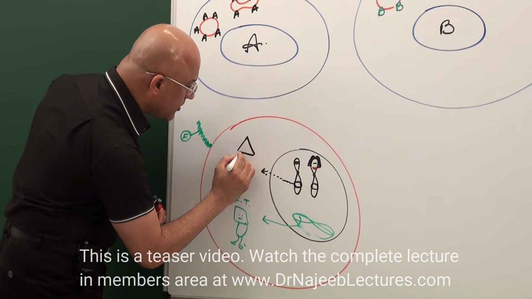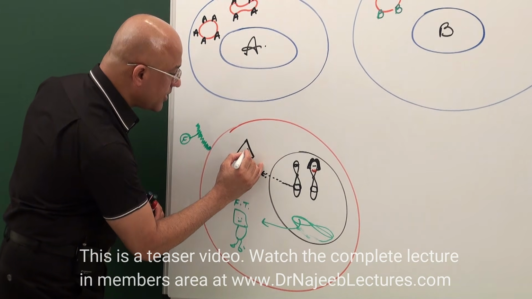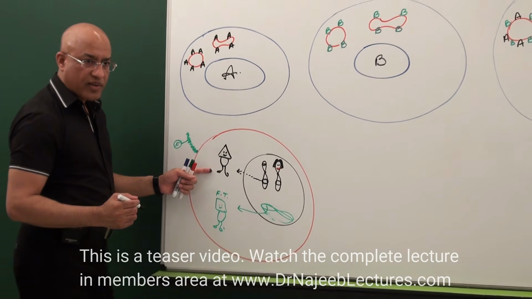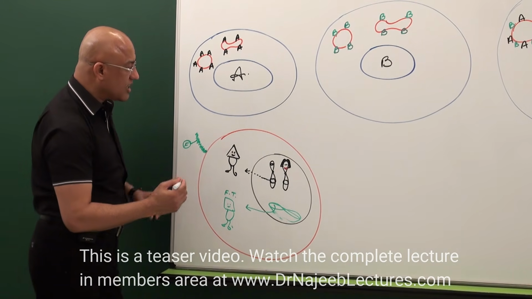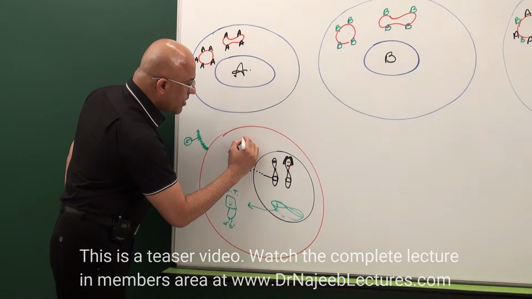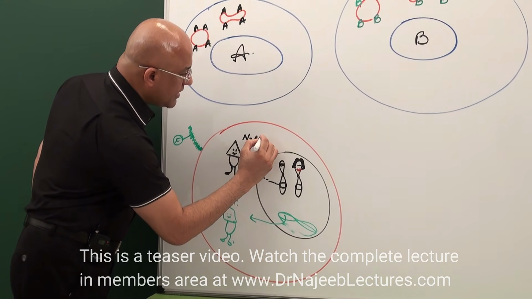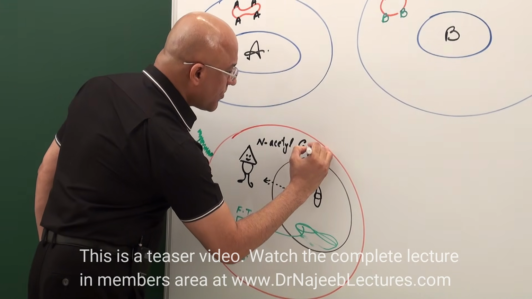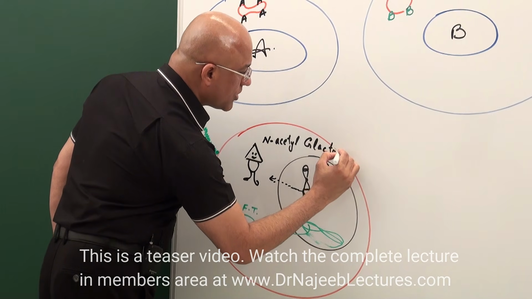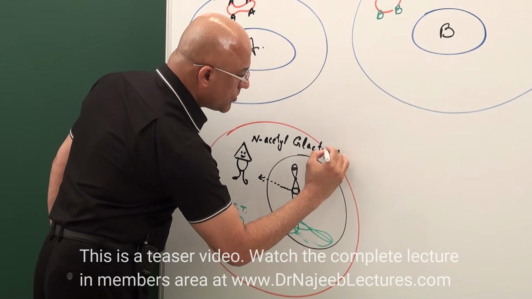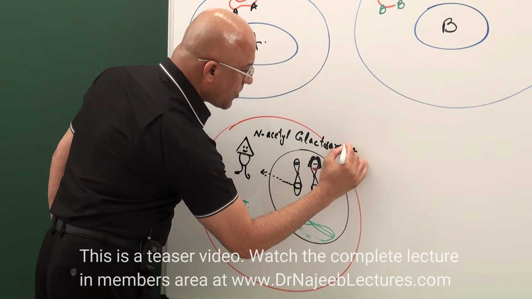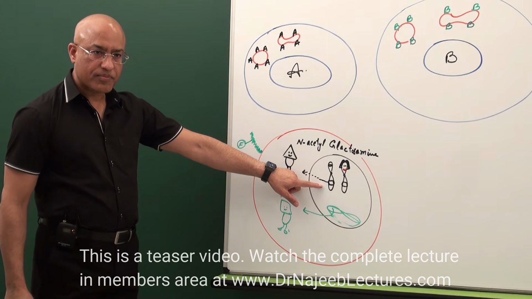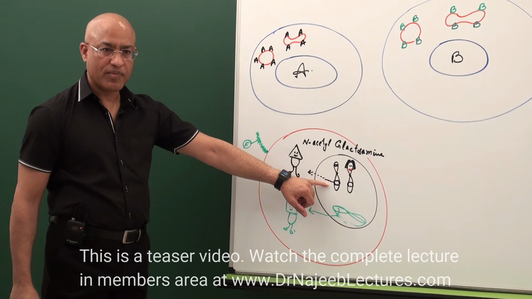Okay, this is that transferase. Yes. This transferase is an enzyme which can transfer N-Acetyl Galactosamine. Now, at chromosome number 9, there's a genetic locus.